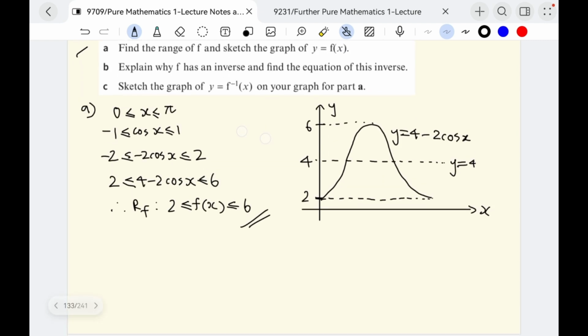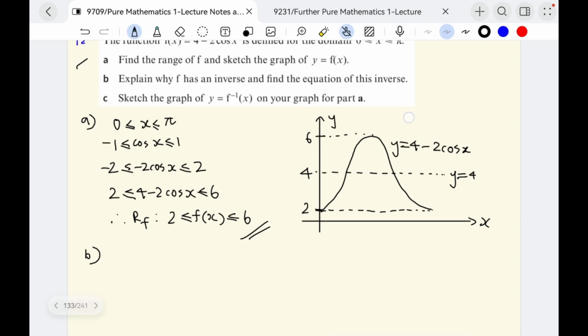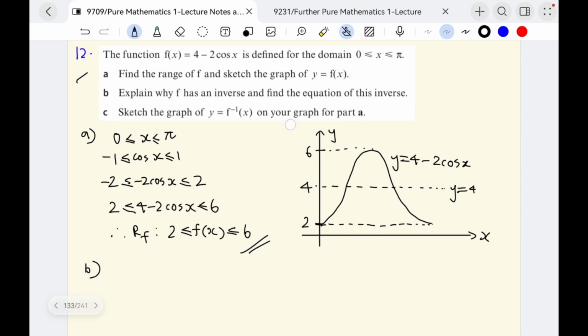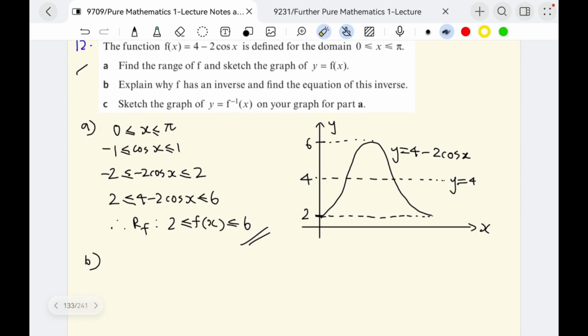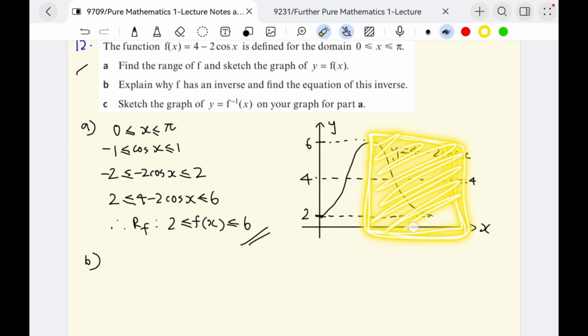Okay, part B. Explain why f has an inverse and find the equation of this inverse. Okay. So if you want to make fx has an inverse, we must sacrifice some domains in order to satisfy that f has an inverse.